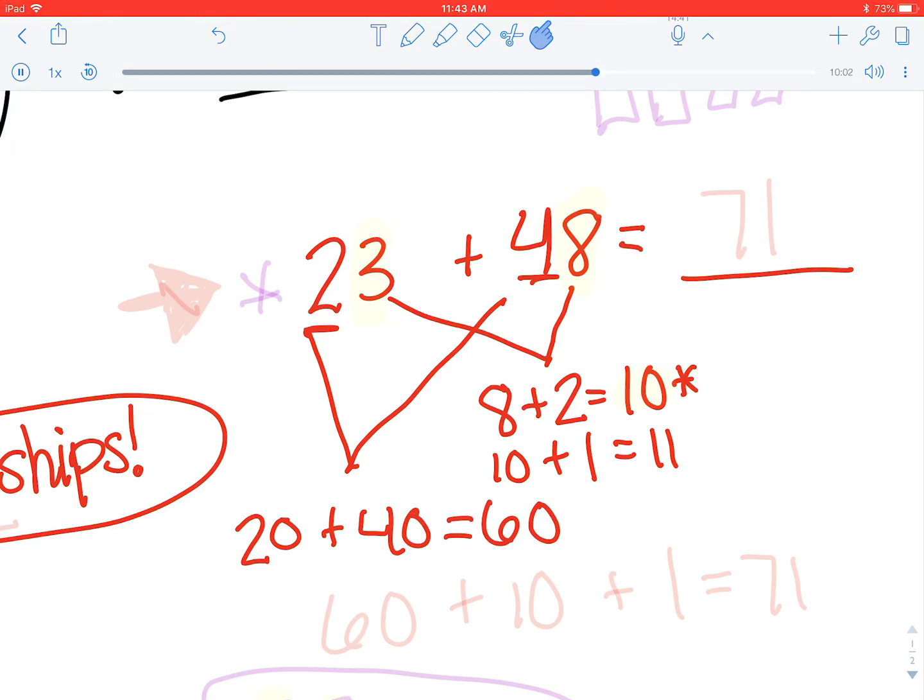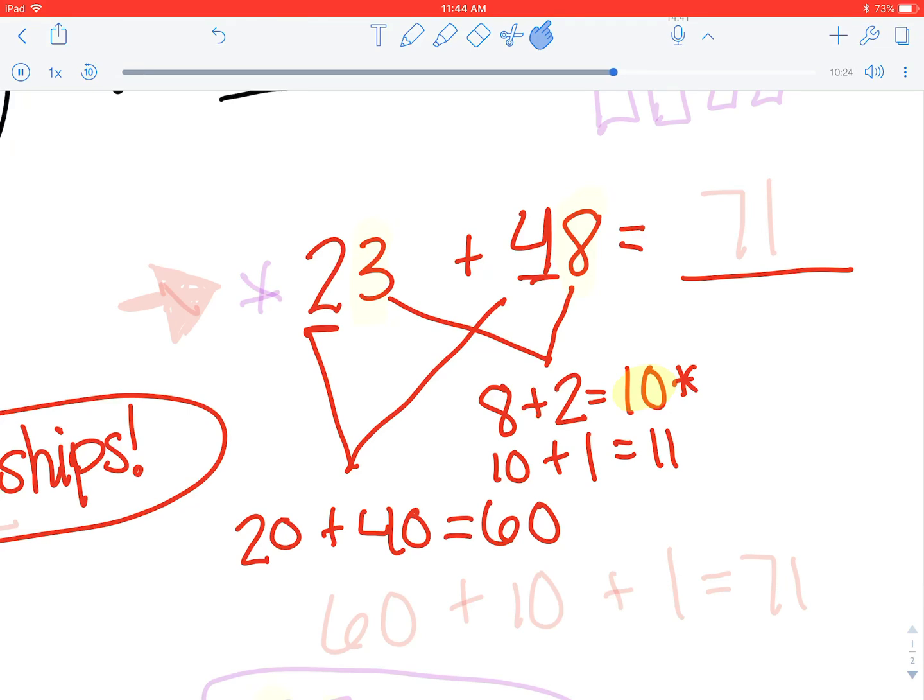But then oftentimes students will forget about this 10 at first. So that will show me that they might have a little trouble understanding some place value there, or that they're just going too fast sometimes and forgetting to add that back in.